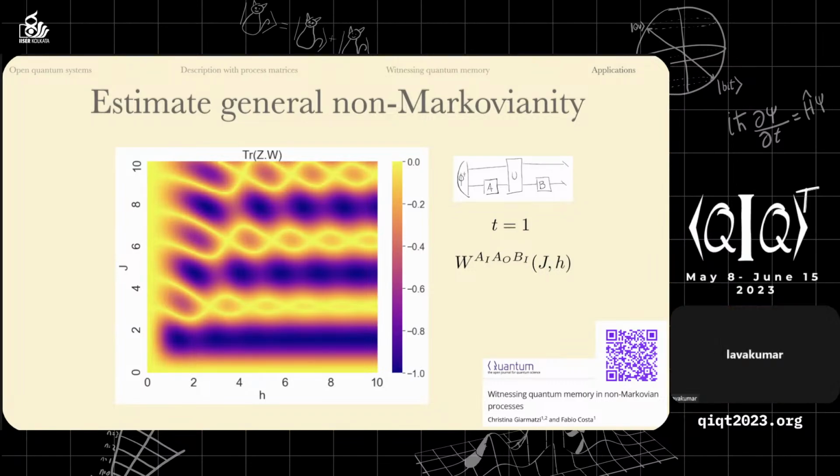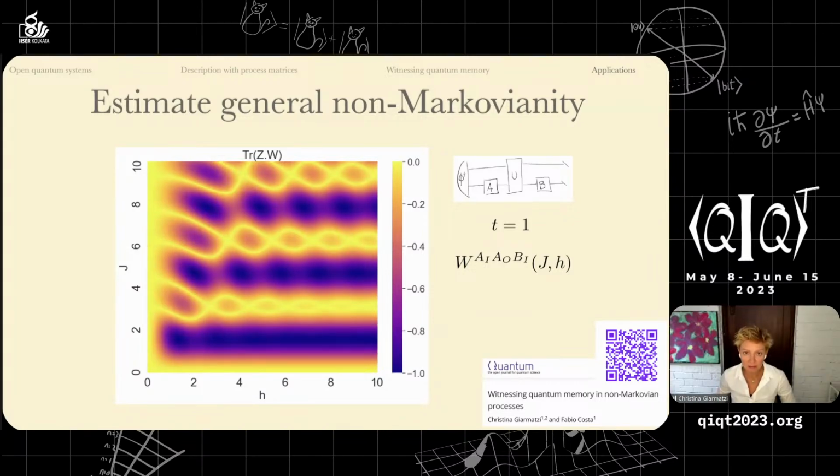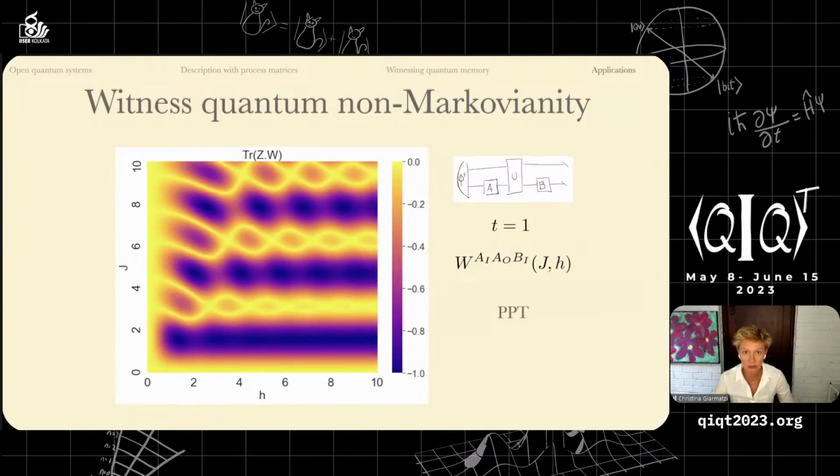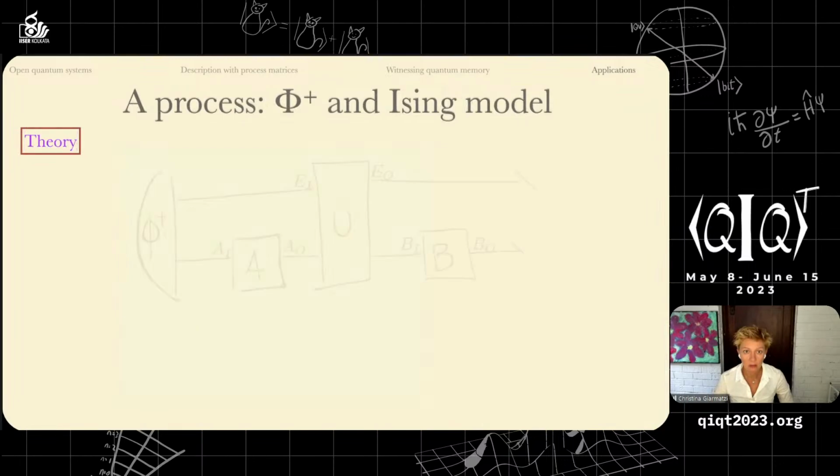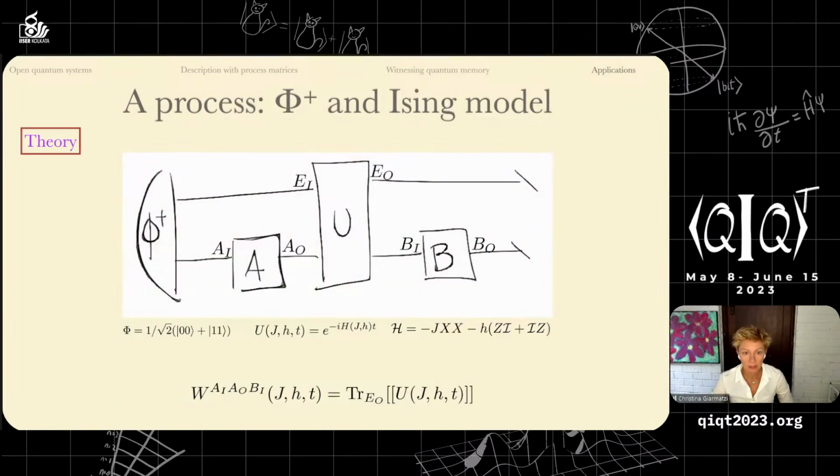As I said, every process matrix can be seen as a state. And a process matrix that has quantum non-Markovian noise will be an entangled state for a particular partition. I can show you the partition. Here, down you have W, AI, AO, BI. So this lives on the Hilbert spaces AI, AO, BI.